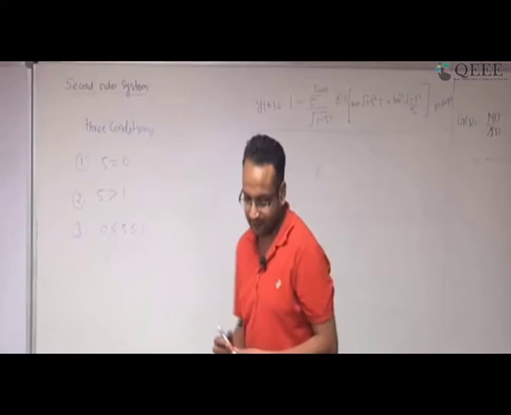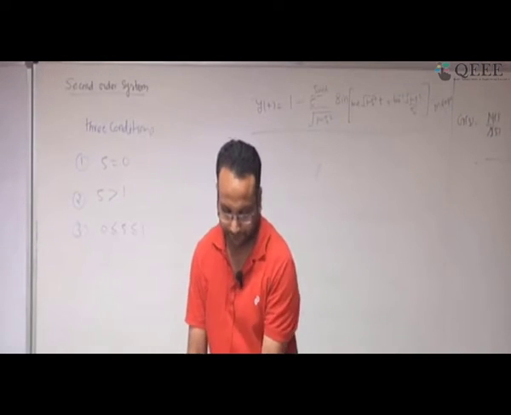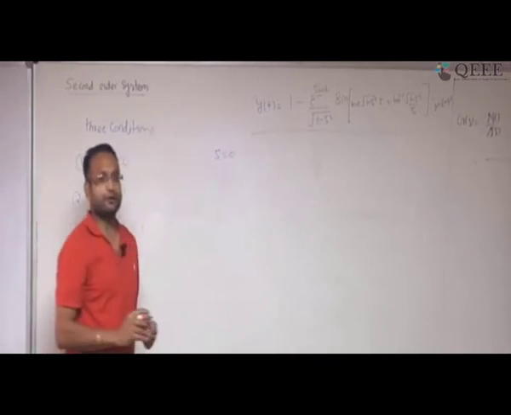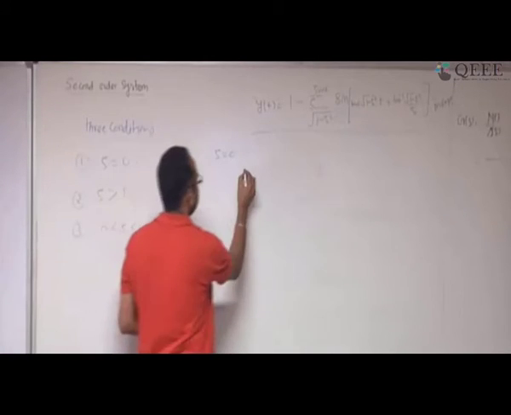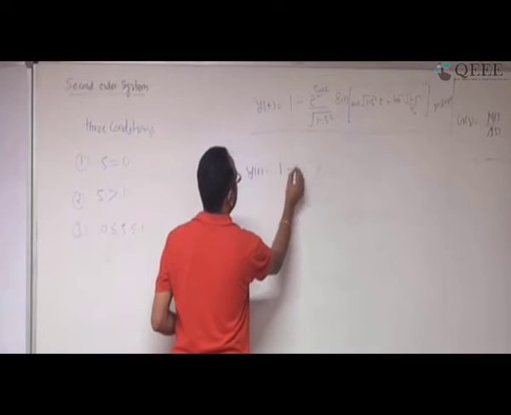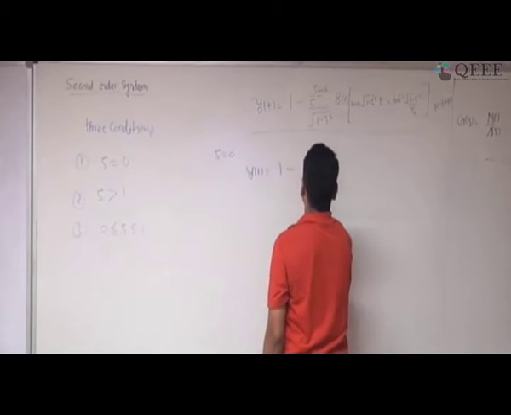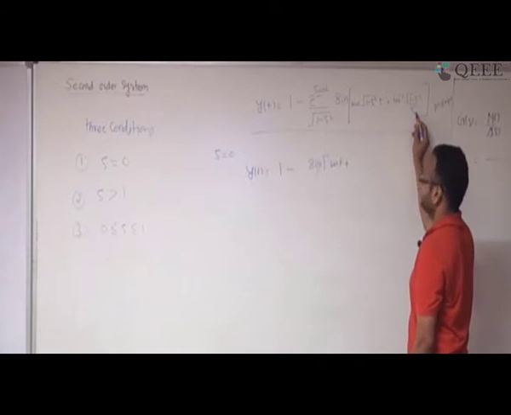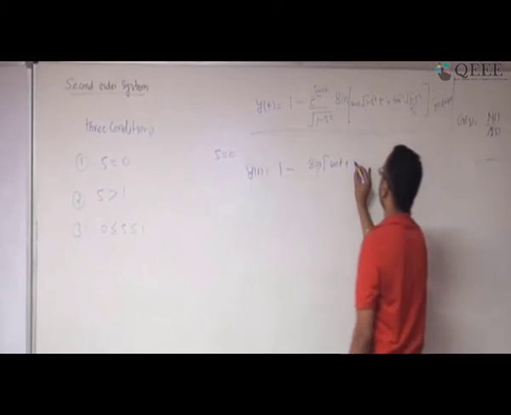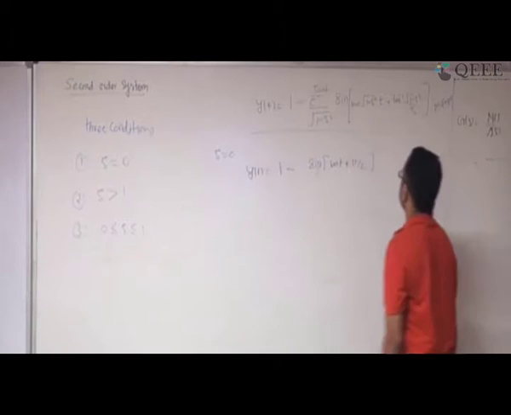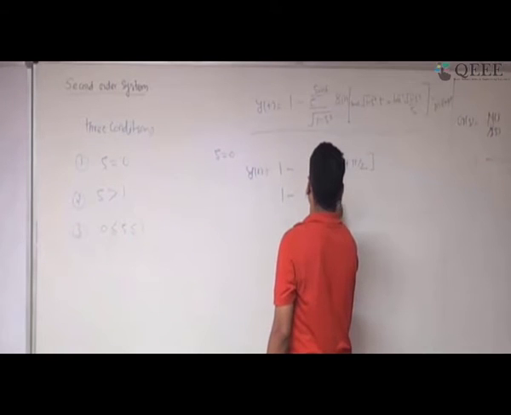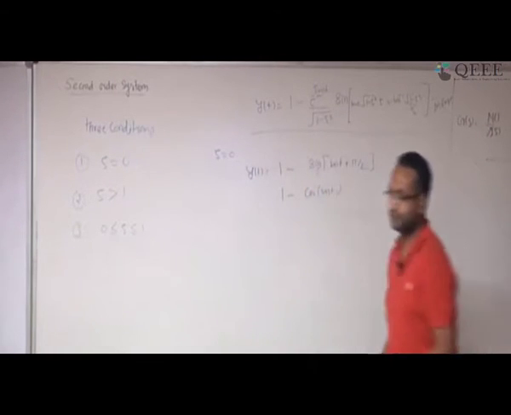Now consider the case when zeta equal to 0. Plug it in: when zeta equal to 0, what will happen? y(t) is going to be 1 minus, this term will be 0, this term will be 1, so it is going to be sine of omega_n t only, and if you solve it, zeta equal to 0, something by 0 is infinity, so pi by 2, and if you work it out, it is going to be 1 minus cos of omega_n t.